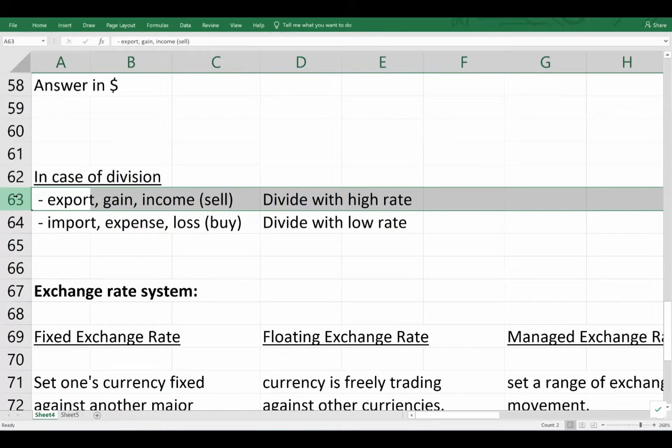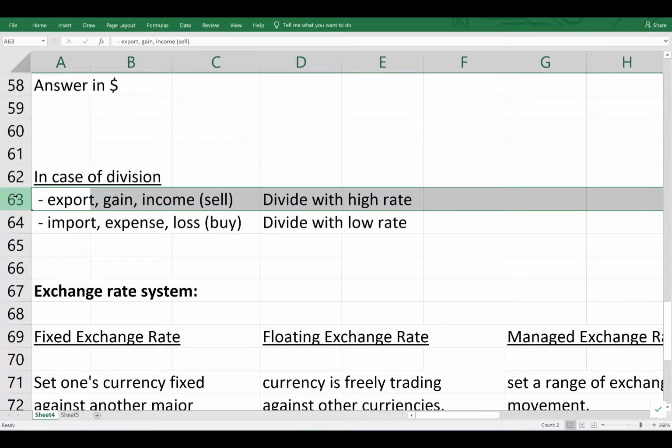Export means you sell goods and you receive foreign currency. So you have to sell foreign currency. Or you have a gain or an income in foreign currency, you have to sell. Gain, export, income, same meaning, you have to sell.